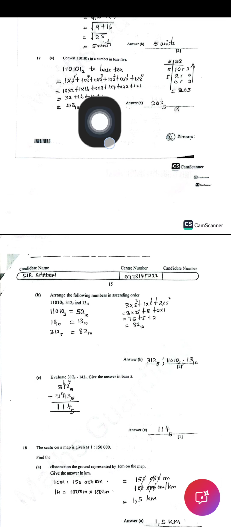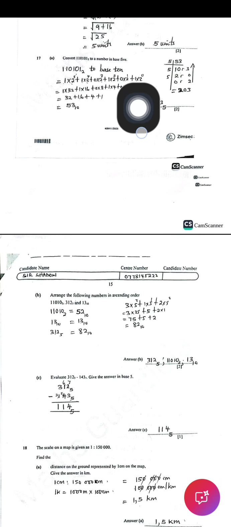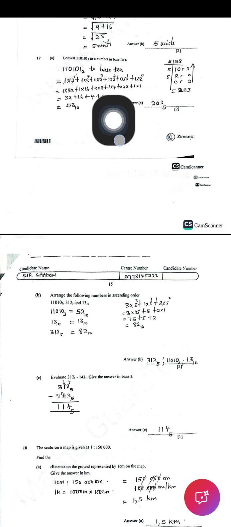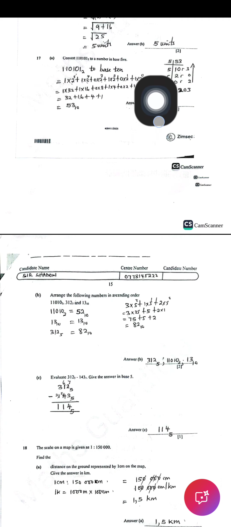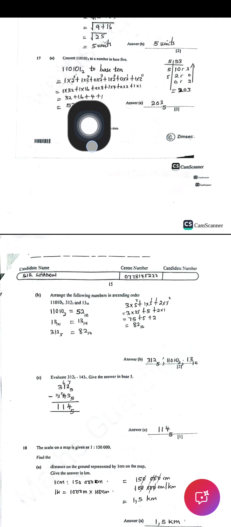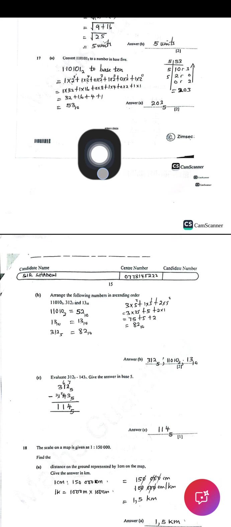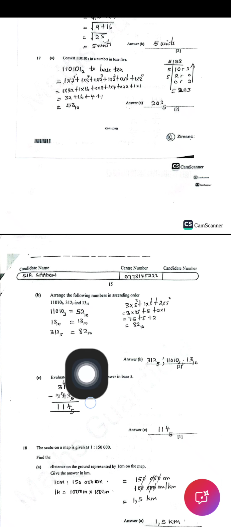So you just ignore the last digit, which is 1. So we say 32 plus 16 plus 4, in other words, you are getting 52.